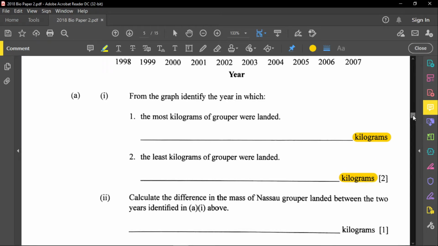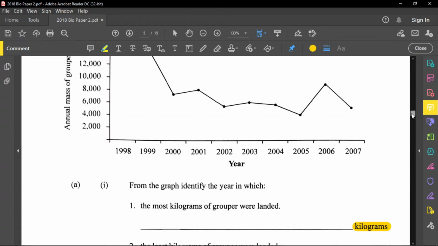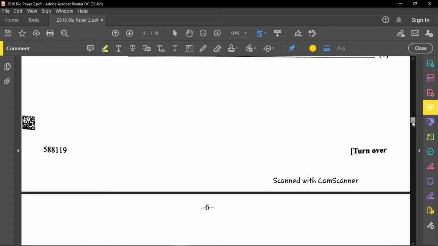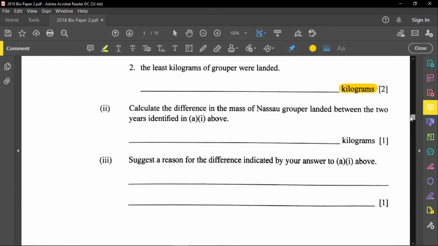All right, so they ask you for the year. And so the most landed here, look at the highest point. This is 18,000, and the year here was 1998. The least, which is this, is 4,000, and this is 2005. So let's put our 1998 for the most and our 2005 for the least. All right, so let's go down to that.